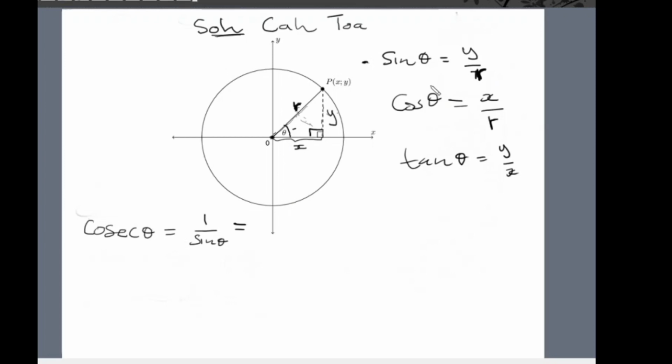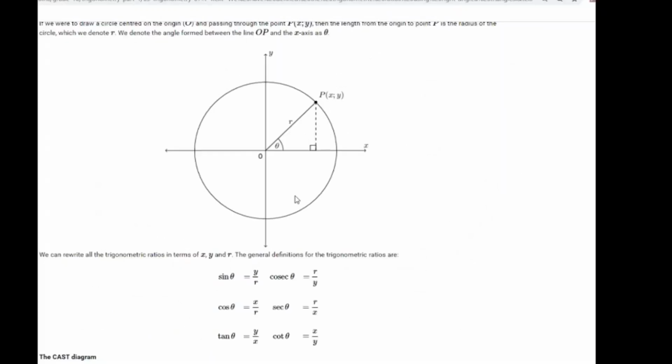So if you swap the denominator and the numerator of sine, you will see that cosec theta is equal to r over y. Then the reciprocal of cos is sec. So sec theta will be equal to r over x, and then the reciprocal of tan is cot. So cot theta will be x over y. That's it. That is how we define trigonometric ratios on the Cartesian plane.